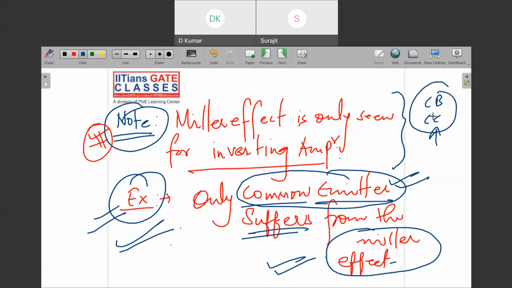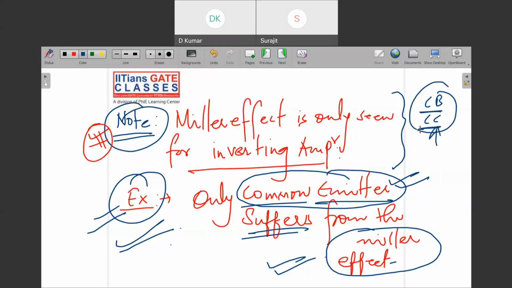No, not like that. In the case of common base and common collector, what is the gain? Suppose you consider the voltage gain. In common collector, is there any inversion in the gain?